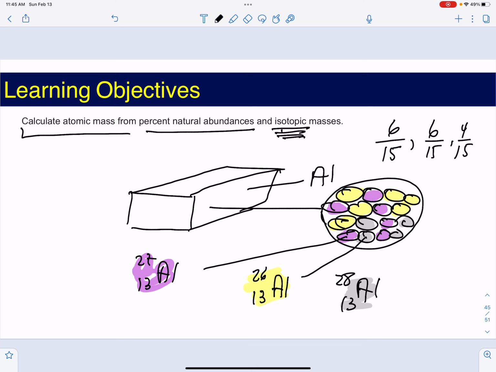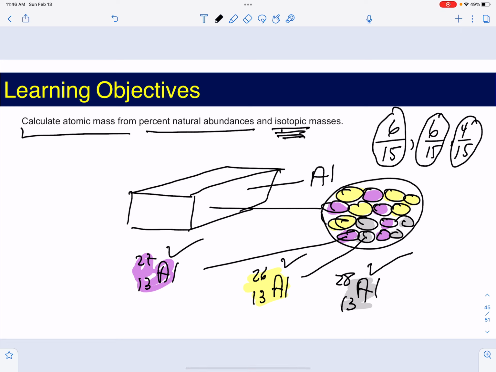So based on that, whatever piece of aluminum I take on this planet, and we're making this up, you can count that you're going to have 6 out of 15 of aluminum 27, 6 out of 15 of aluminum 26, and 4 out of 15 of aluminum 28. So that's what we call the relative natural abundance.